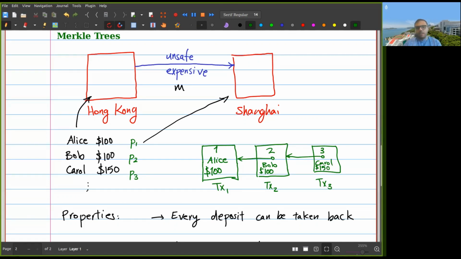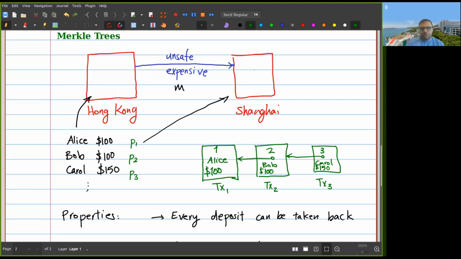Now I can create all of these transactions and just create a ledger like this. At the end of the day, when I have the very last transaction, I can take the hash of the last transaction and say my message M is this hash. So I can send it from this branch to this branch.